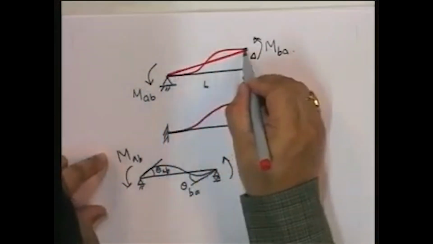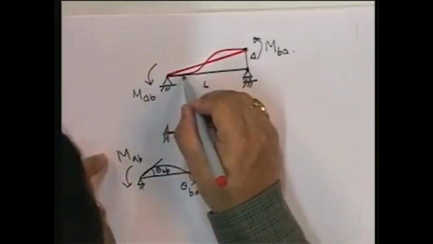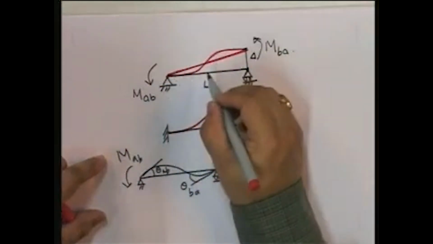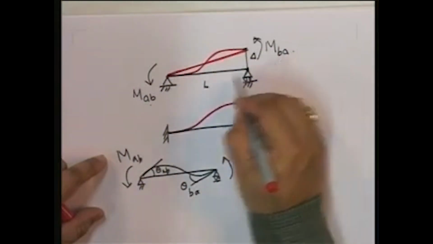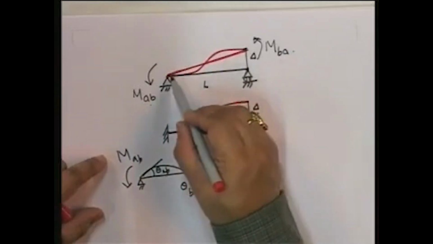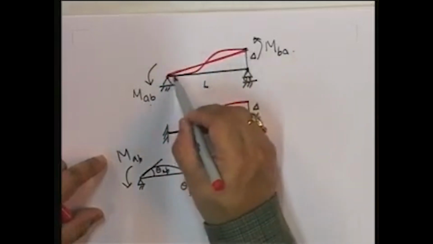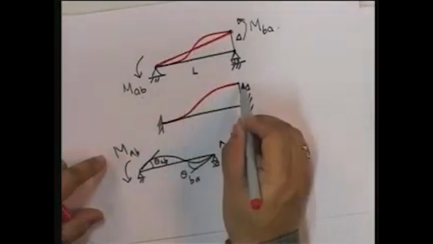Remember that this is also length L because this is small. Okay, this is length L. This happens. In other words, I apply a moment MAB and MBA on the simply supported beam to ensure that this displacement pattern essentially displaces in this way so that it mimics this displacement pattern.